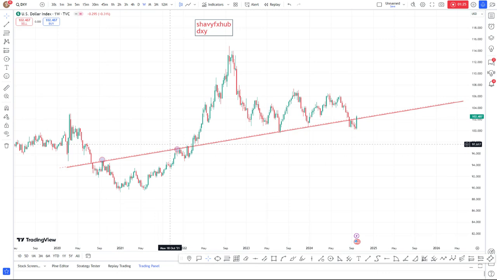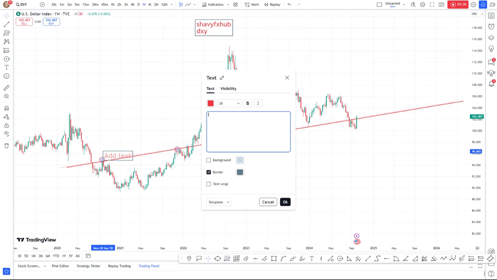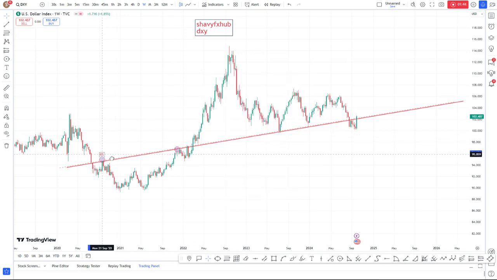This is a resistance structure, so call it RS. Very lovely strategy. So this is RS. Resistance becomes support on break of structure.